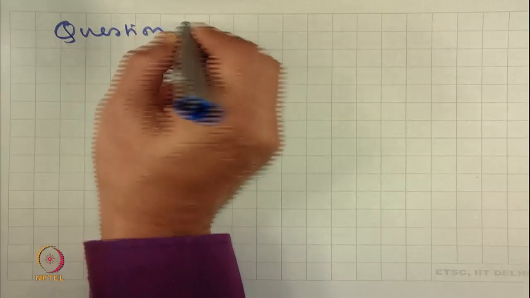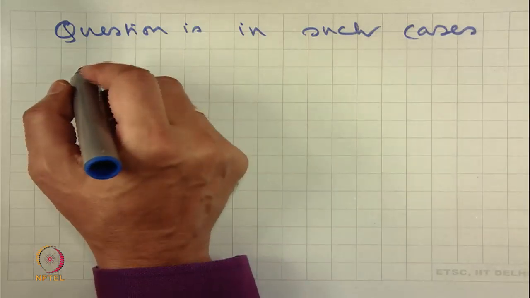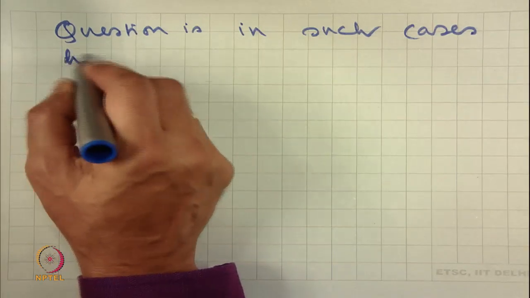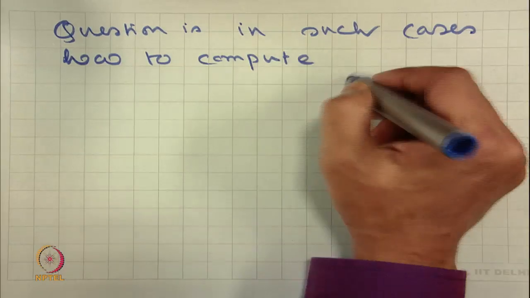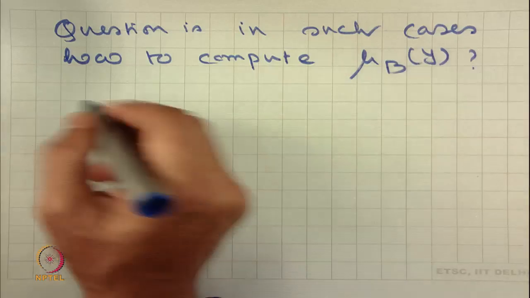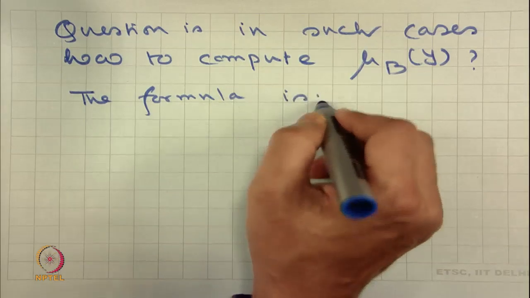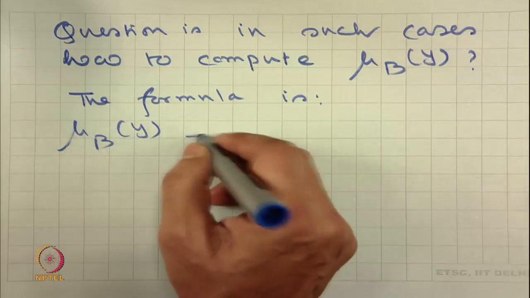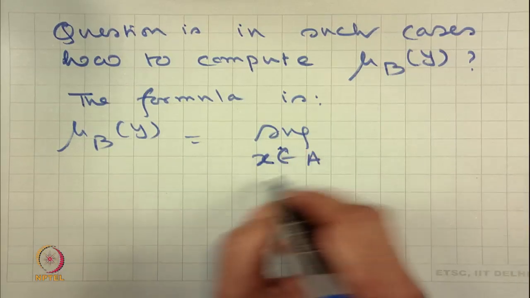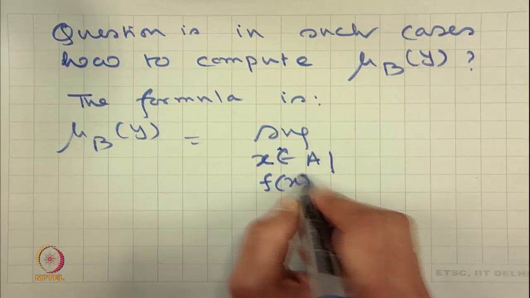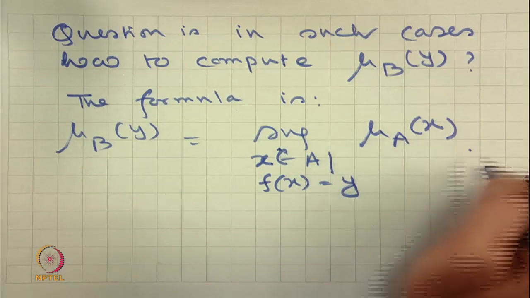Question is, in such cases, how to compute mu B of y, and the formula is mu B of y is equal to supremum over all x belonging to A such that f of x is equal to y of mu A of x.